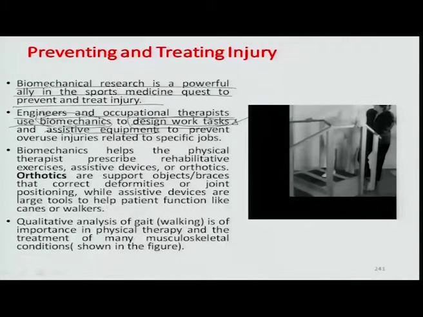Biomechanics can also help the physical therapist to prescribe rehabilitative exercises. Particularly important are these orthotics, which are support objects or braces, which would correct birth deformities.